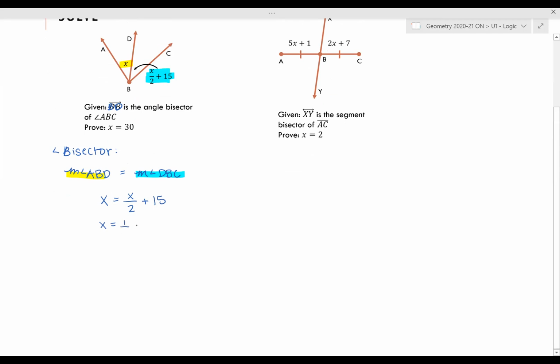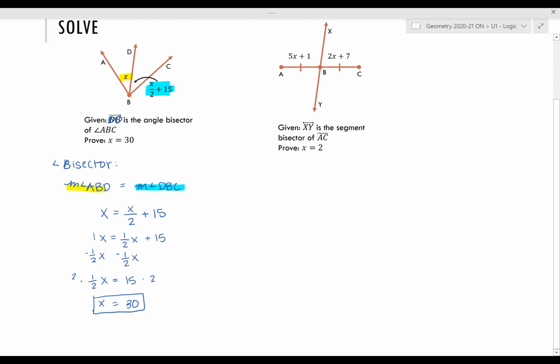Those mean the same thing. So now if I subtract that 1/2 x from both sides, I get 1 minus 1/2, which is just 1/2 x. Then how do I get rid of division? I multiply. So I get x equals 30. And that's that.